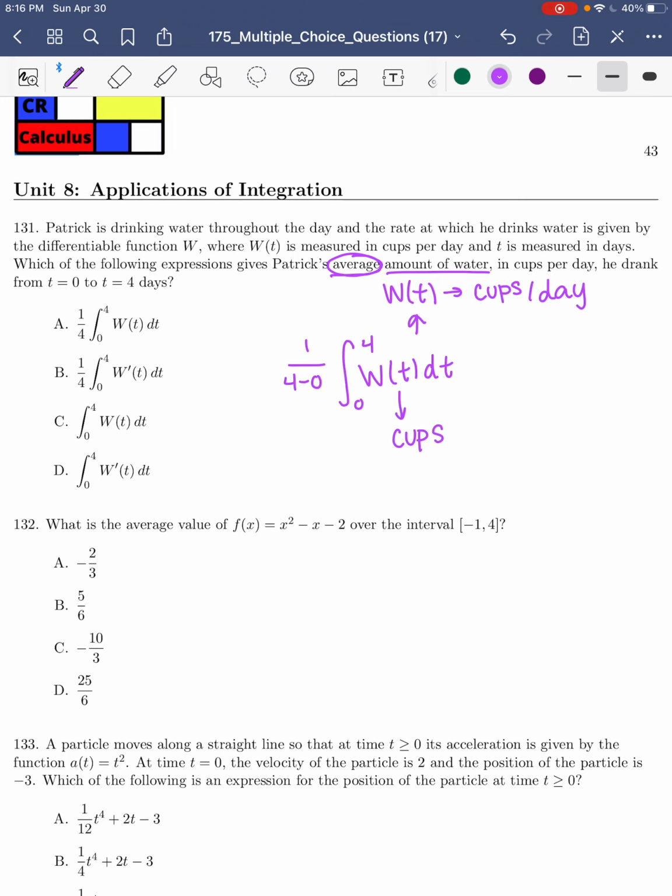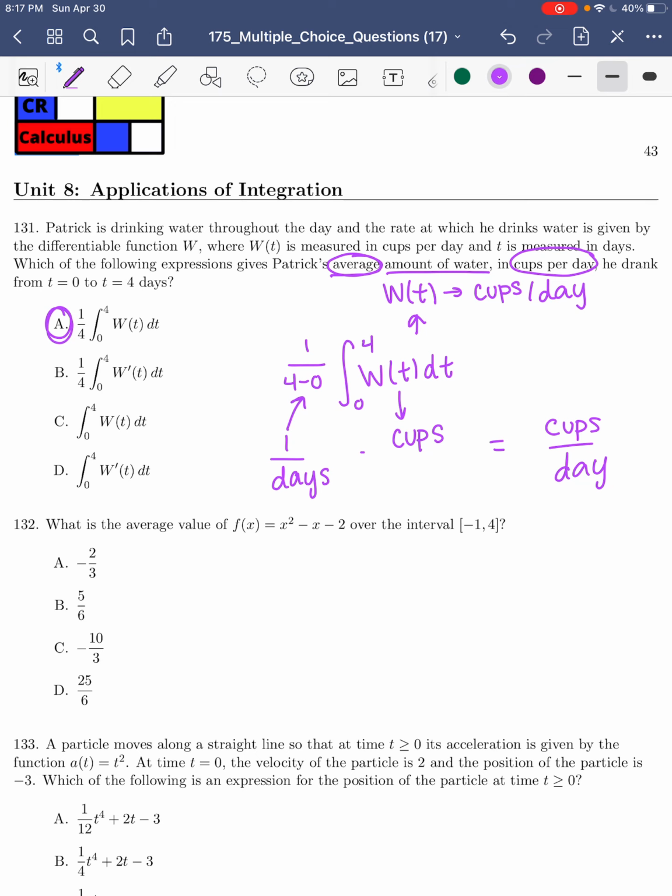So you're probably thinking, how is this in cups per day? Well, this 1 over 4 minus 0 is 1 over days. So if you multiply 1 over days times cups, you get cups per day, which makes our answer to this one A.